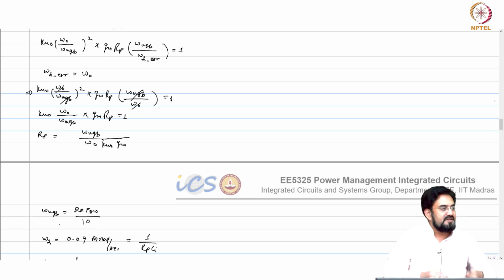Ultimately you are trying to push everything outside your UGB or cancel anything extra in the UGB, so that the leftover is only one pole, which means you try to make your system, no matter how many orders it is, look like a first order system, so that you get a very stable response, and that is what you do here.